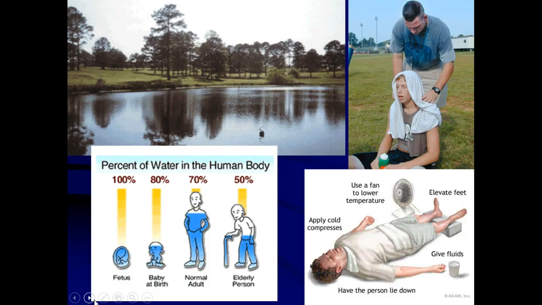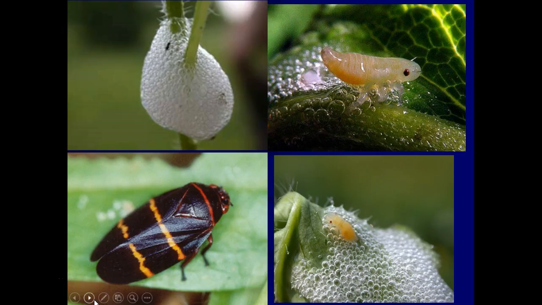So when we have weather extremes, those people who have less water are going to be more susceptible to things like heat stroke and heat exhaustion. So water has this remarkable ability to help prevent big temperature fluctuations.